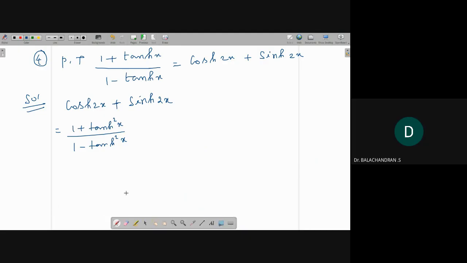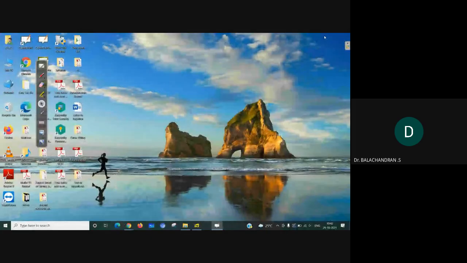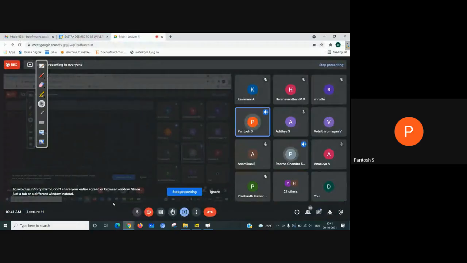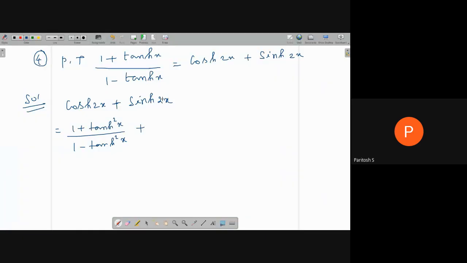Okay. Similarly, sin h2x. Can anyone tell? Now I am expecting tan h 2i theta: 2 tan hx upon 1 minus tan h square x. Very good. So sin h2x is 2 tan hx divided by 1 minus tan h square x.